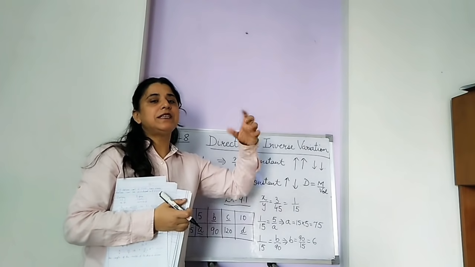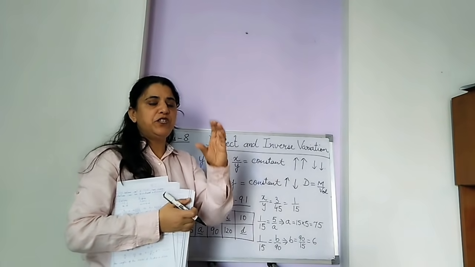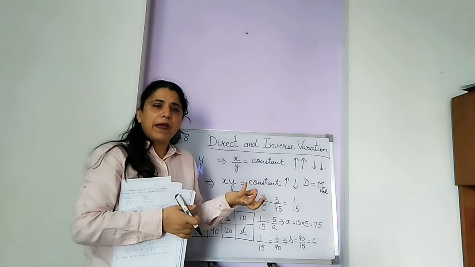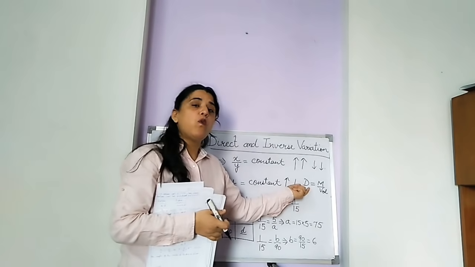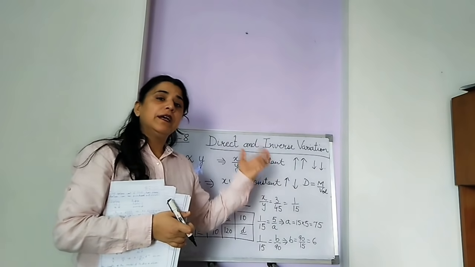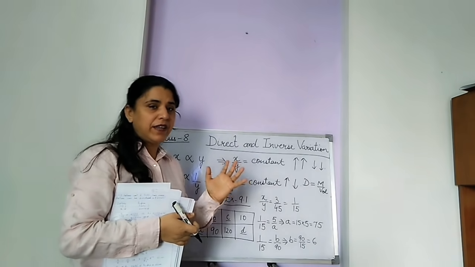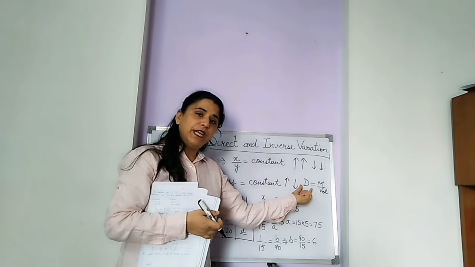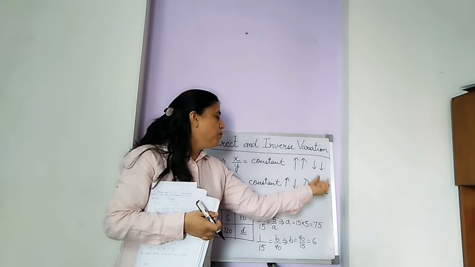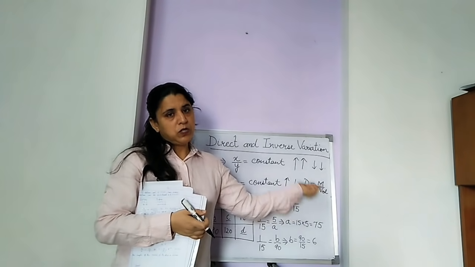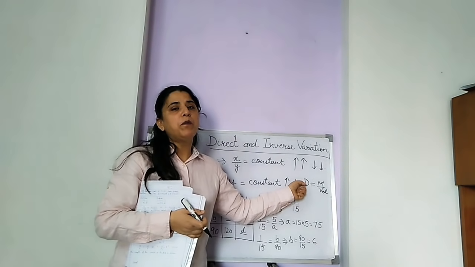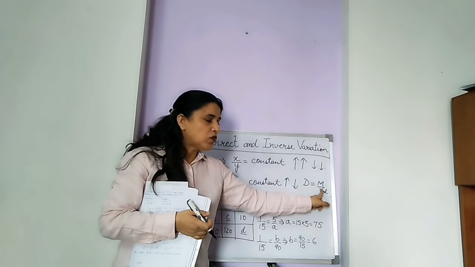Rice is denser, so 1 kg of rice will fit in a small packet, whereas for 1 kg of puffed rice you need a big packet. Though the mass is the same, both are 1 kg, the lighter or less dense the object, the more its volume. So they are inversely proportional and this remains constant.